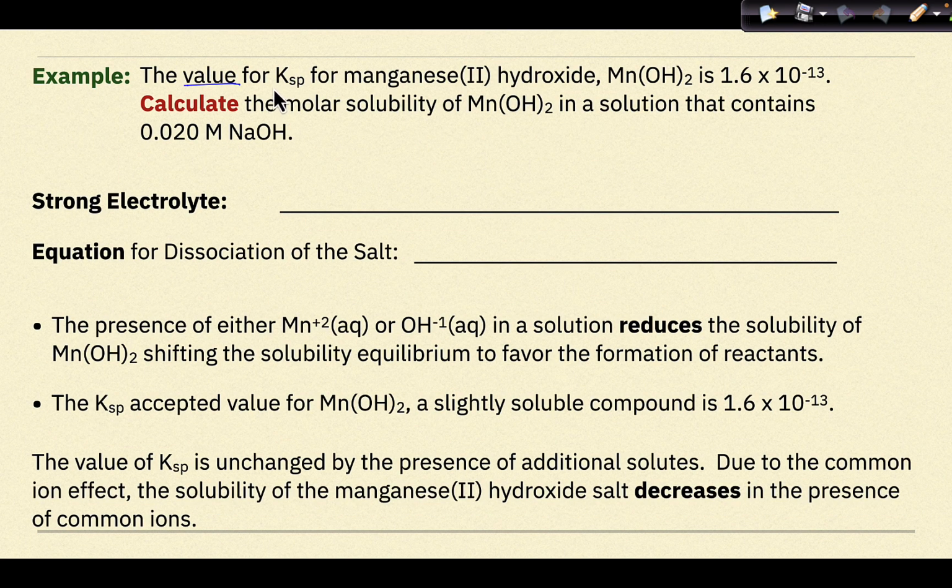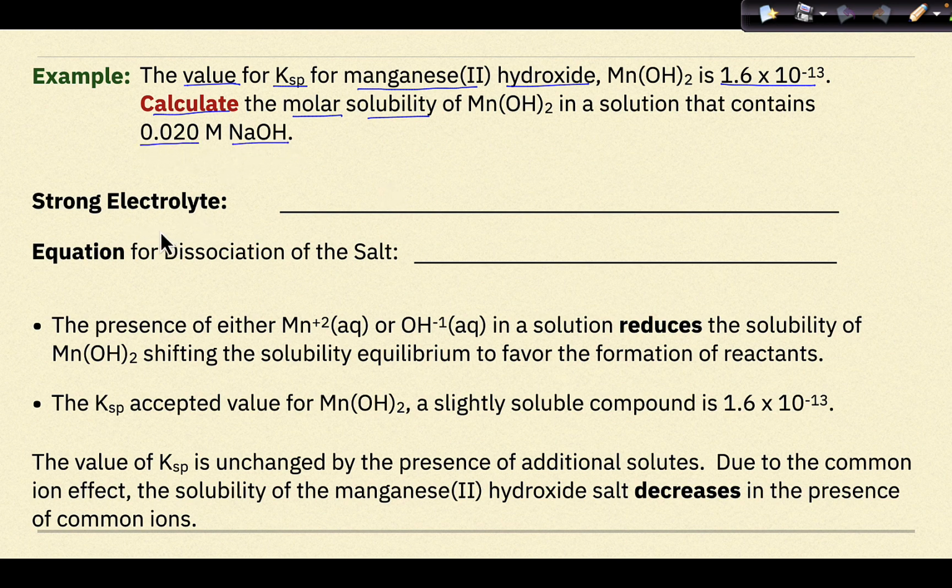The value for KSP for manganese(II) hydroxide, Mn(OH)2, is 1.6 times 10 to the negative 13. Calculate the molar solubility of Mn(OH)2 in a solution that contains 0.02 molar NaOH.